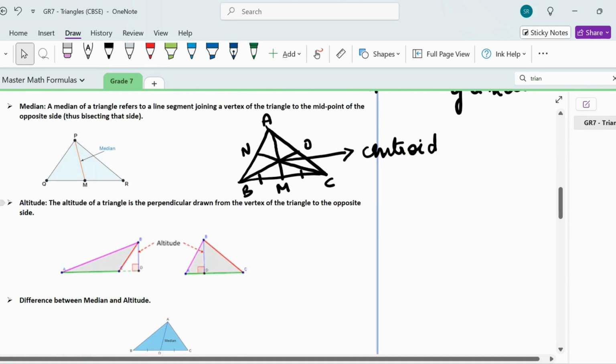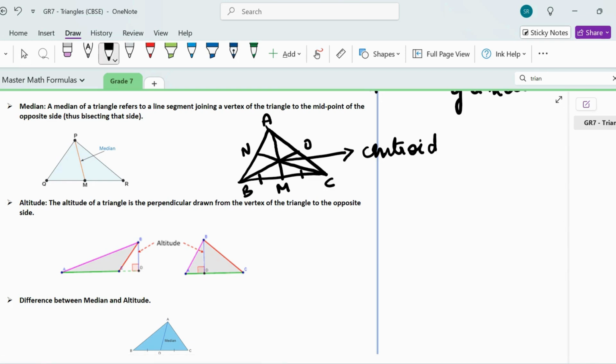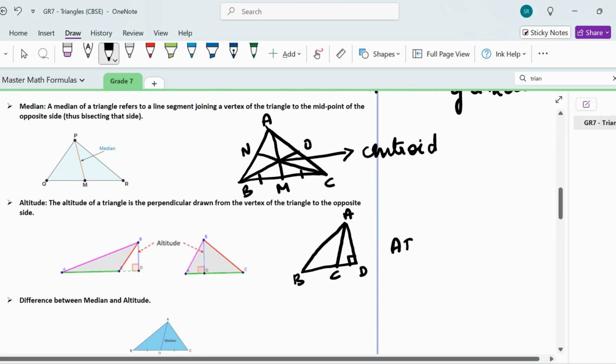Then comes the altitude. Another name for height of a triangle is altitude. Now, altitude is a perpendicular drop from the vertex to the opposite side. Perpendicular means a line which makes 90 degrees with the base. AD is perpendicular to BC. AD is called the altitude.